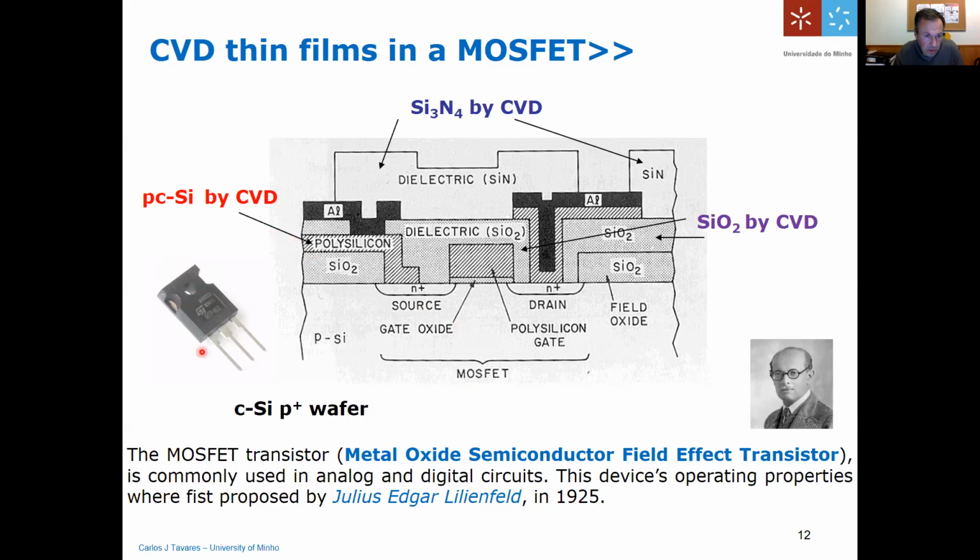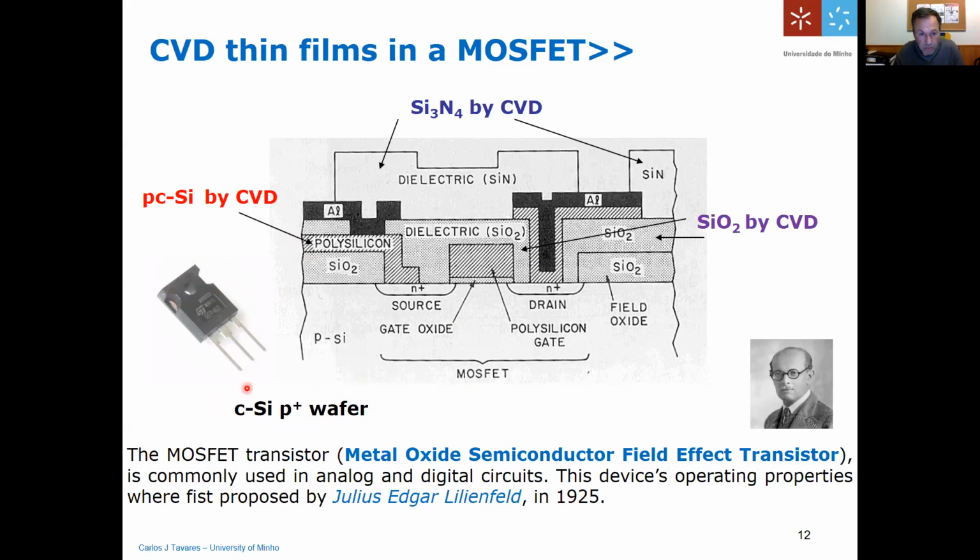And here is what a modern MOSFET looks like. You have to start from a substrate, normally a crystalline silicon p-doped wafer. P-doped means that it has a lack of electrons, so you have a surplus of holes on your substrate, with a positive charge on the surface.